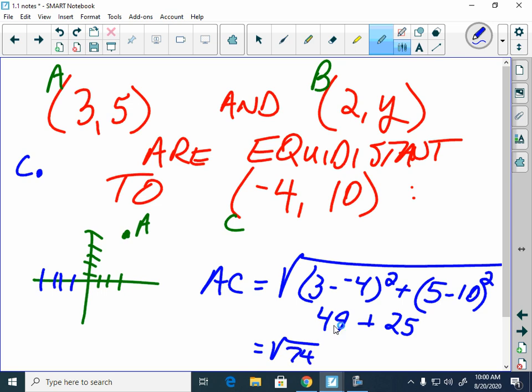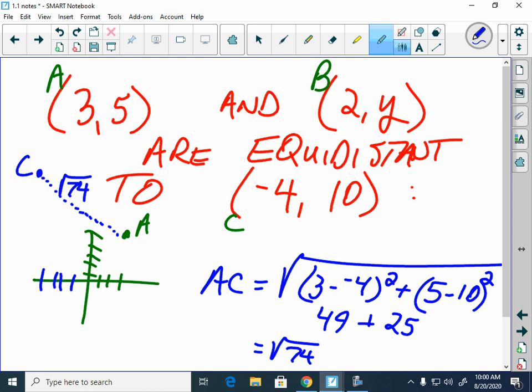Okay, so I know that this distance is a very solid square root of 74. Yay. It's like 8 point something. I don't even care what it is. It's the square root of 74. That's very accurate. Now what?